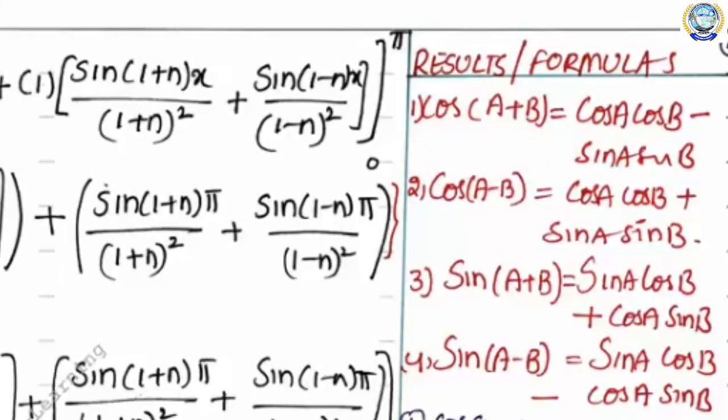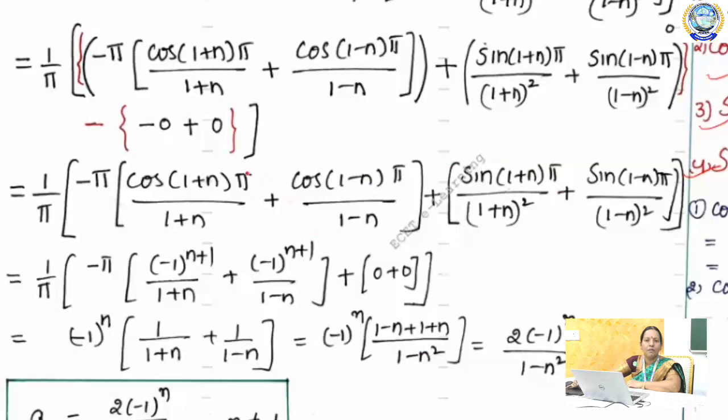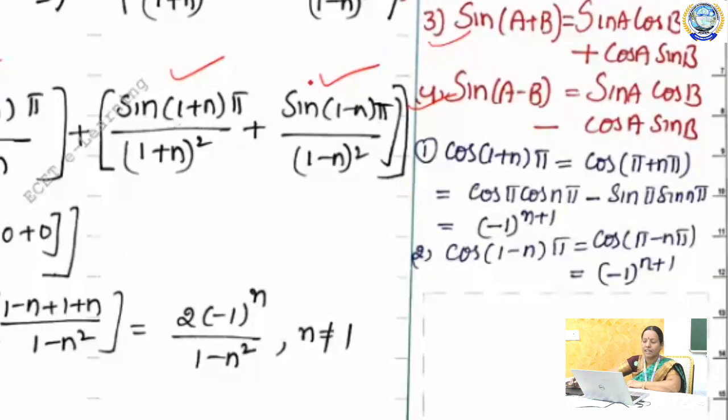Your formulas are: cos (a plus b) is cos a cos b minus sin a sin b, cos (a minus b), sin (a plus b) and sin (a minus b). Using these 4 formulas, we will calculate the values of cos (1 plus n) pi, cos (1 minus n) pi, sin (1 plus n) pi and sin (1 minus n) pi.